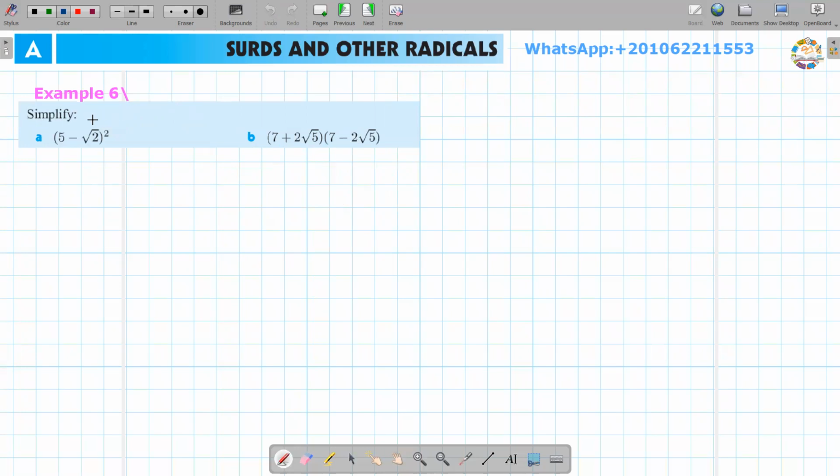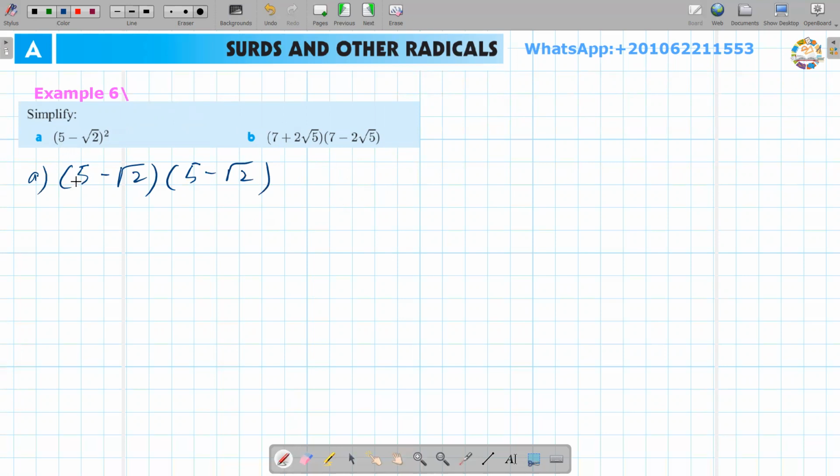What about example 6? He said simplify. Here we have 5 minus root 2 all squared. Then obviously question A becomes 5 minus root 2 by 5 minus root 2.